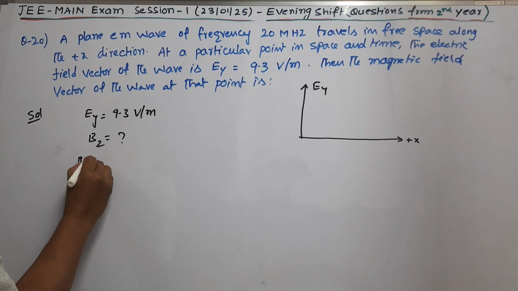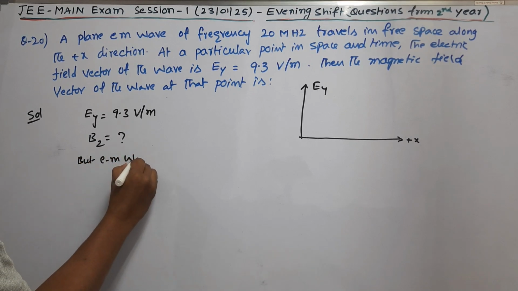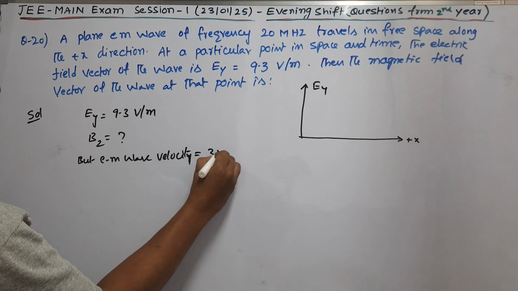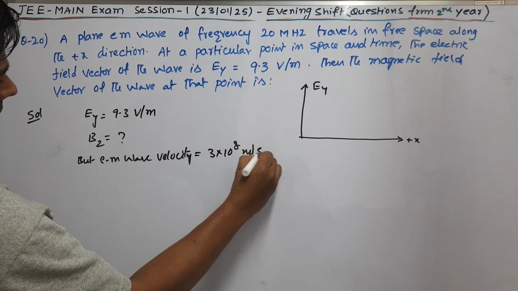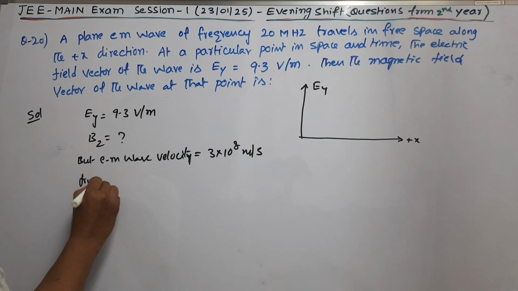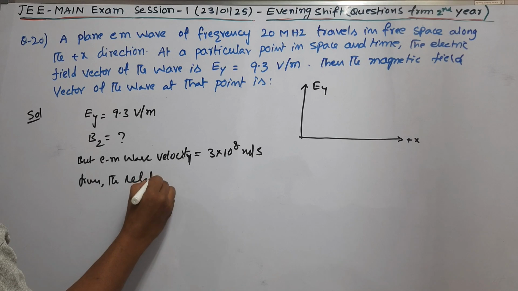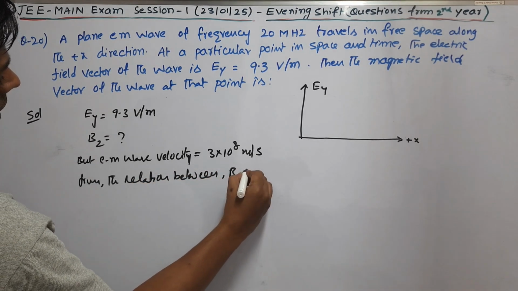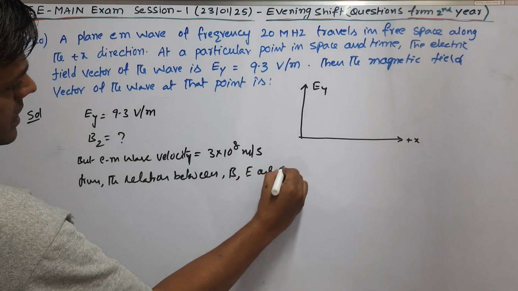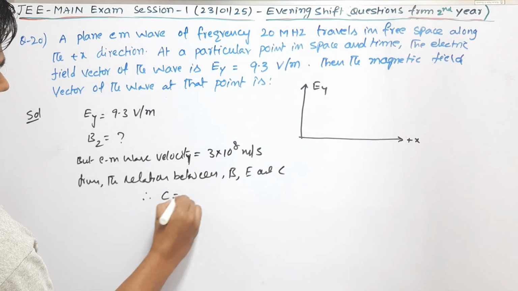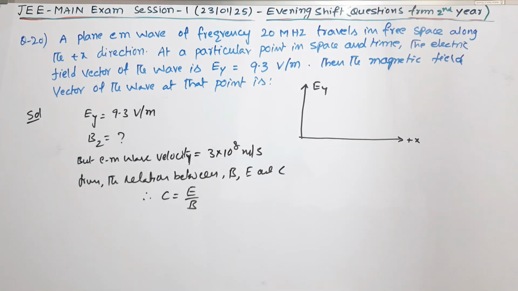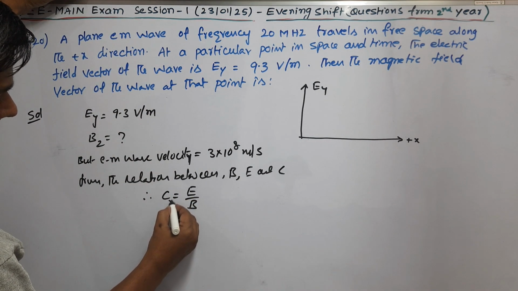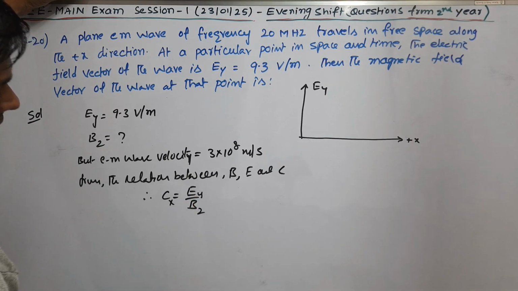An electromagnetic wave propagates with the velocity of light, 3 into 10 power 8 meter per second. From the relation between electric field, magnetic field and speed of light, speed of light is equal to E by B. The electromagnetic wave is propagating along the x axis, the electric field is along the y axis, and the magnetic field is along the z axis.